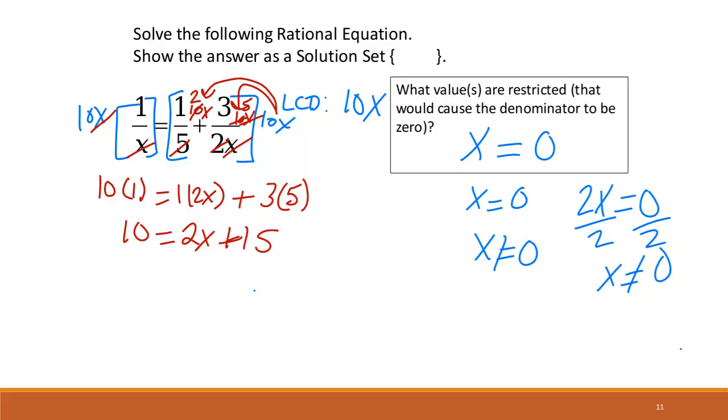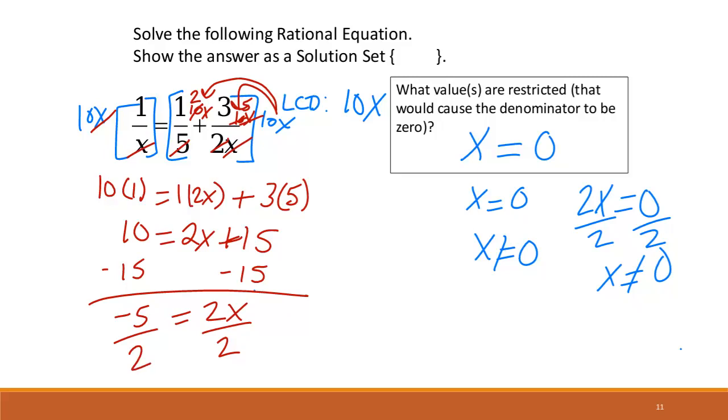So now from this step, we can solve for x just like we would any other problem. So I'm going to subtract 15 from both sides to give me negative 5 is equal to 2x. Divide by 2 to give me x is equal to negative 5/2. We check to make sure negative 5/2 is not a restricted value.